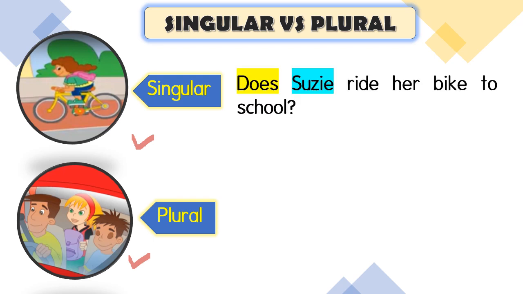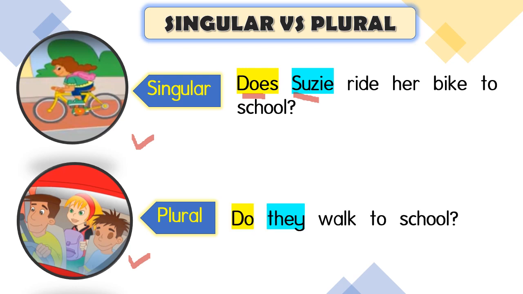Okay, let's ask. Does Susie ride her bike to school? Susie, singular, so we use does. What about plural? Do. Do they walk to school? They, okay, we use they here.